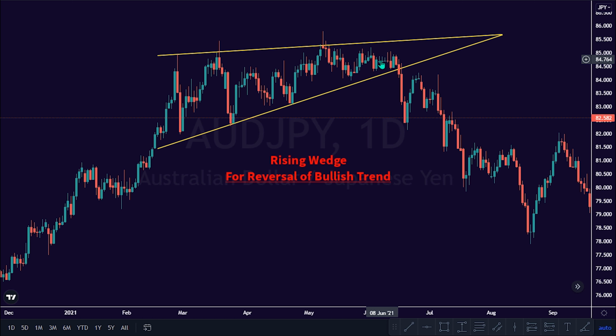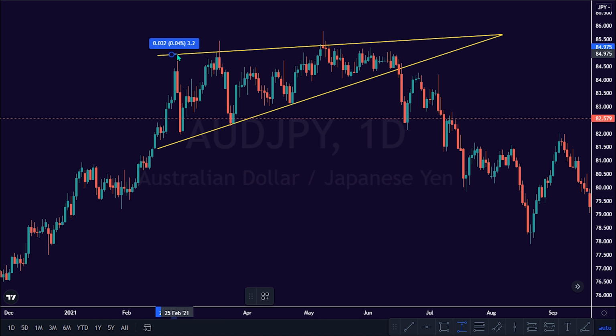We have discussed this pattern formation in one of the classes in this trading course. Therefore, we won't spend much time on the rising wedge pattern. I will proceed to show you how to take the measurement objective of this pattern. To forecast the profit target of this pattern, you need to take the vertical measurement of the pattern from its starting point, that's from the resistance trend line of the higher high here, to the lower trend line of the support here.